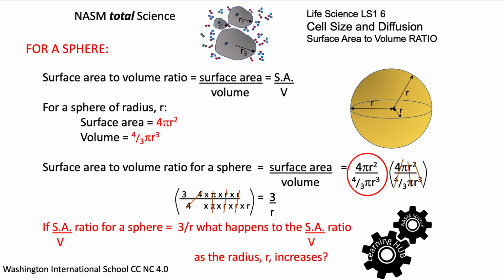So if we put surface area over volume and put those formulas together, we end up with 3 over r for the surface area to volume ratio. So 3 divided by the radius. Now pause and think what's going to happen to the ratio as the radius r increases, what effect that would have on cell size.